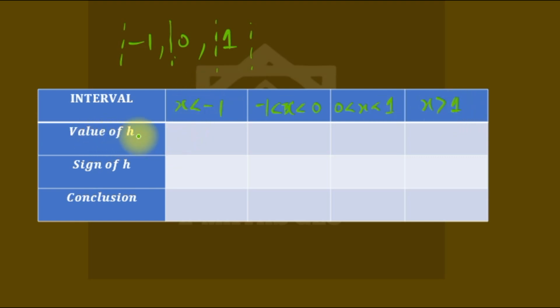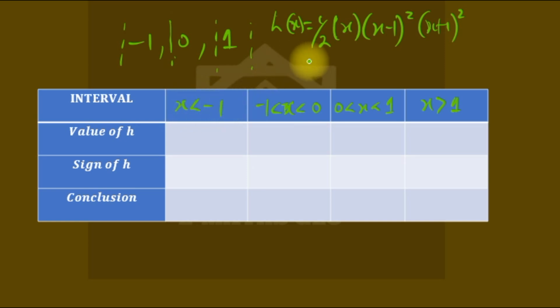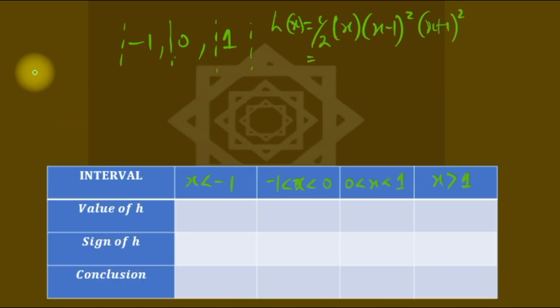Let's know the value of h. Remember, our h of x is half times x minus 1 squared times x plus 1 squared. So we're going to pick a point less than minus 1. If you pick minus 2, when x is minus 2, let's see what will happen. I have h of minus 2, so let's see what we'll get.